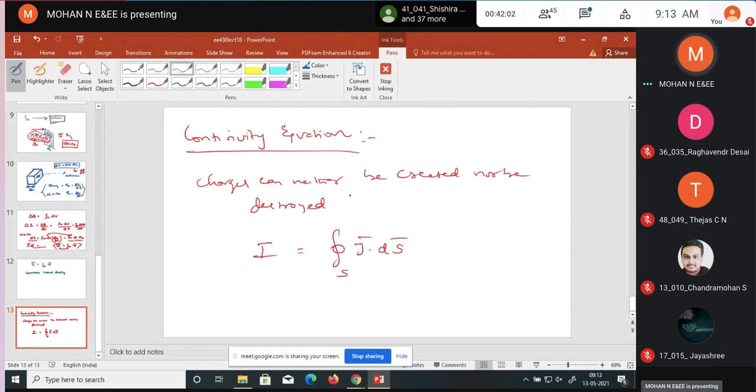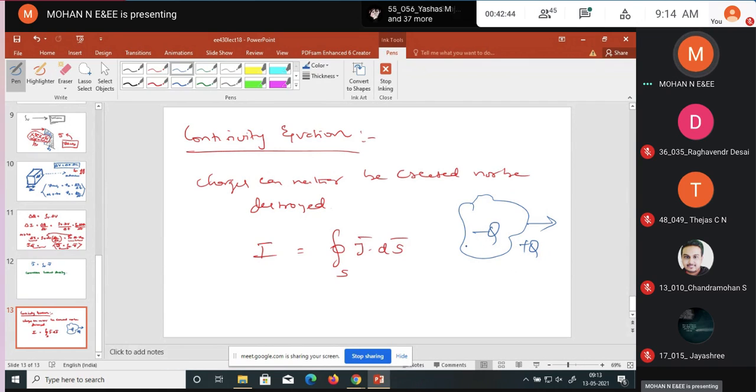For example, if you take this as the closed surface and assume that positive charge is flowing out of this closed surface, there should be an equal amount of charge decrement inside the surface, that is minus q here. If there is a rate of increase of charge happening outside the closed surface, the same rate of decrease should be happening inside the closed surface.